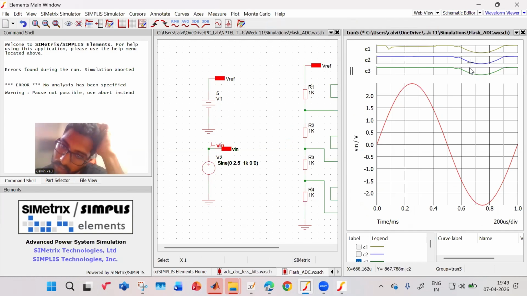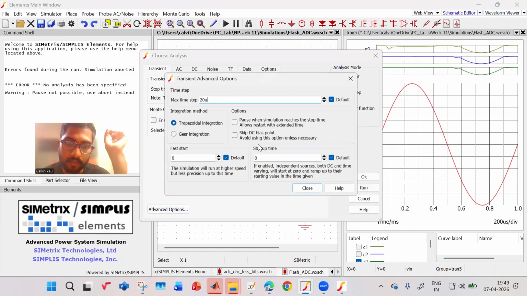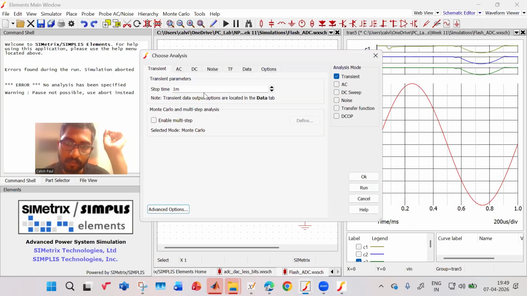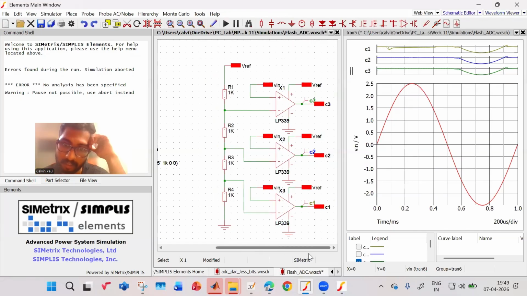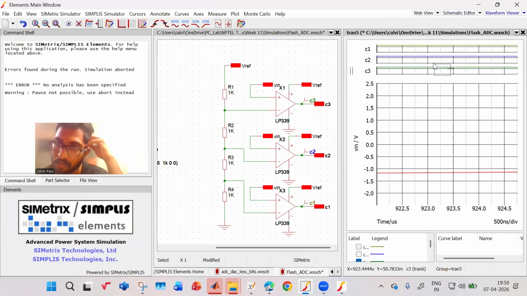There is some kind of non-ideal behavior. Don't know why. Advanced options. Let's run it now. It's better. No. I think the comparator has an issue. Comparator seems to have an issue.